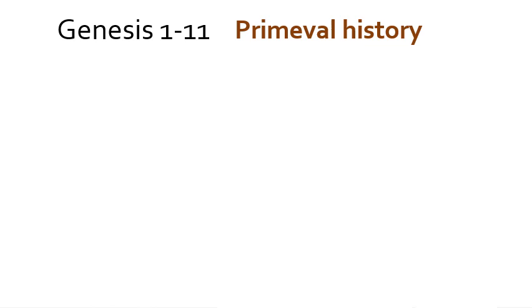If you remember, we talked about the Sumerians and the Egyptians began writing about 3000 BC. Well, there was stuff that happened before 3000 BC, and most of it wasn't written down. We have no record of it. Primeval history is what happened to mankind before we began writing the Bible down.